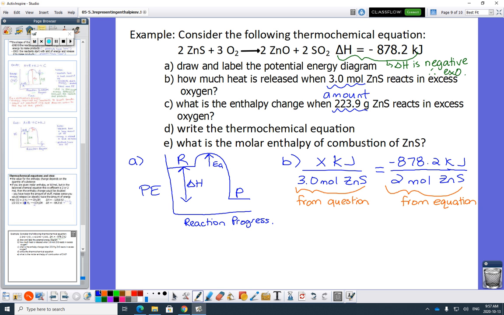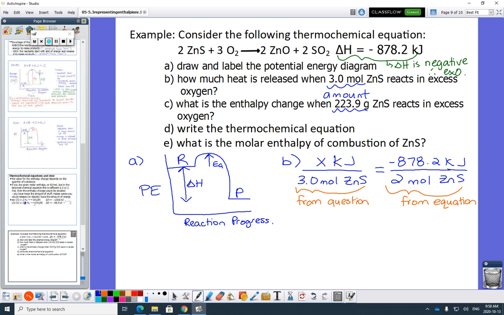Okay, so this side, as I've written it, there are other ways to do this. You don't have to do it the same way as me. This side is from the question: how much heat for 3 moles? This is from the equation. This is the energy value for 2 moles of zinc sulfide. You do need to read the question carefully because the question could have said 3 moles of oxygen or zinc oxide or sulfur dioxide, and you want to make sure you use the correct coefficient on this side, okay?